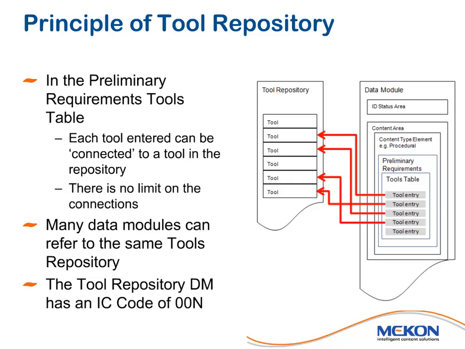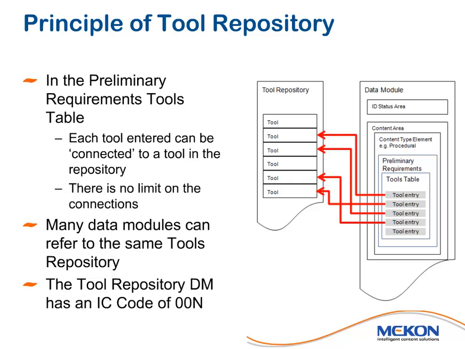It has to be one of the data modules that does have a supplies and tools data modules in the preliminary requirements area. So you can see there that each entry in the tools table can be linked to an entry in the tools repository, and that link is very precise, so you can do a direct connection to it.